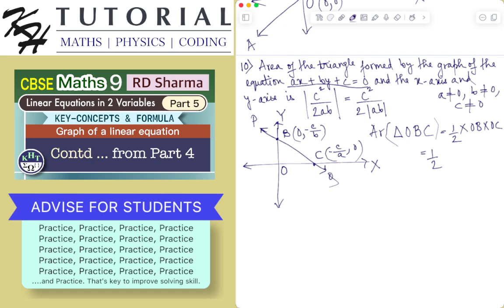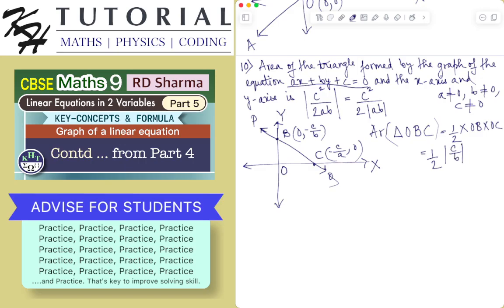Irrespective of whether it is positive or negative, the length of OB will be mod of C by mod of the y coordinate of the point B. So basically we can say it will be mod of C by B.